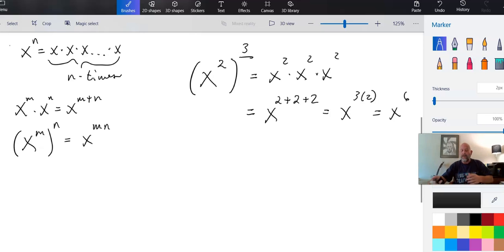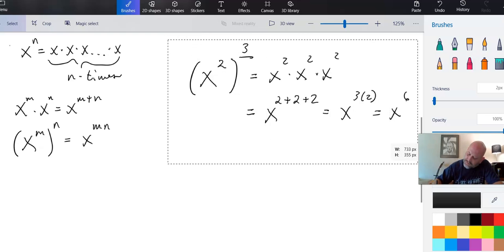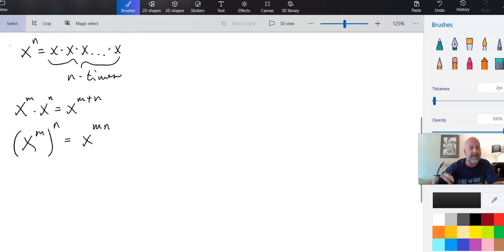Okay, now the next one, hopefully it's a little bit intuitive. There's a few different ways to explain it. I like to look at the intuitive explanation first. If I'm dividing x to the m over x to the n, well, here's the gut feeling part of this.